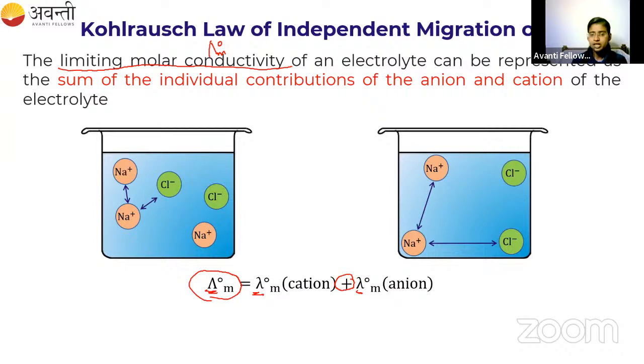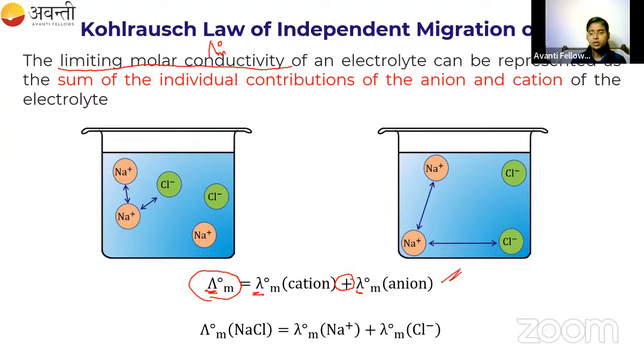For this example, the electrolyte is NaCl, so the cation is Na plus and the anion is Cl minus. Their contributions give the limiting molar conductivity of the electrolyte. Very easy now. You have to study the definition and this formula, that's all.